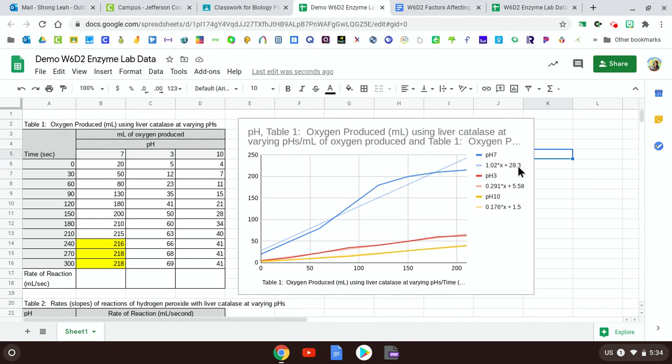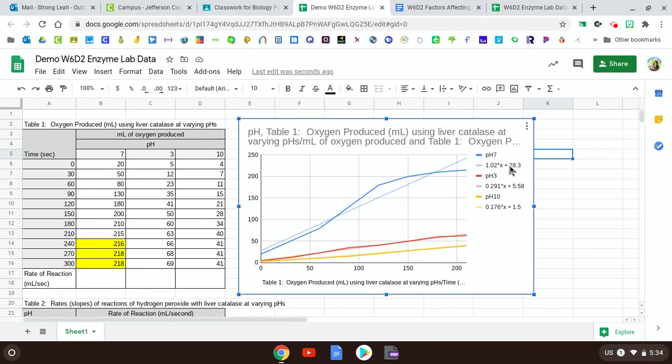Now, yep, I did it. I'm making you go back to good old math class. Y equals mx plus b. B is where our y-intercept should be. So about 28 there.